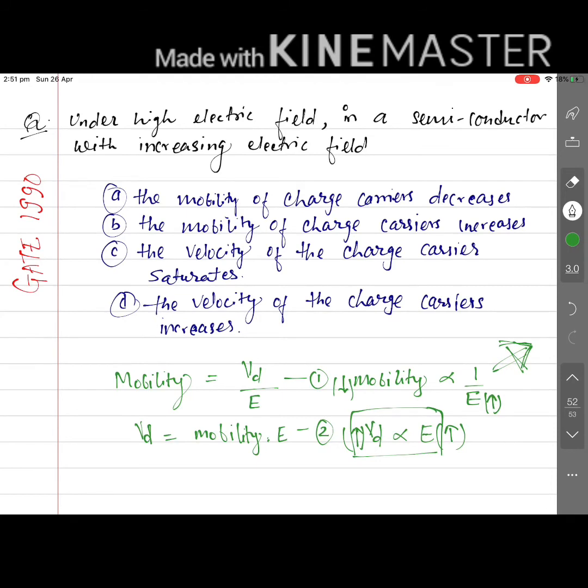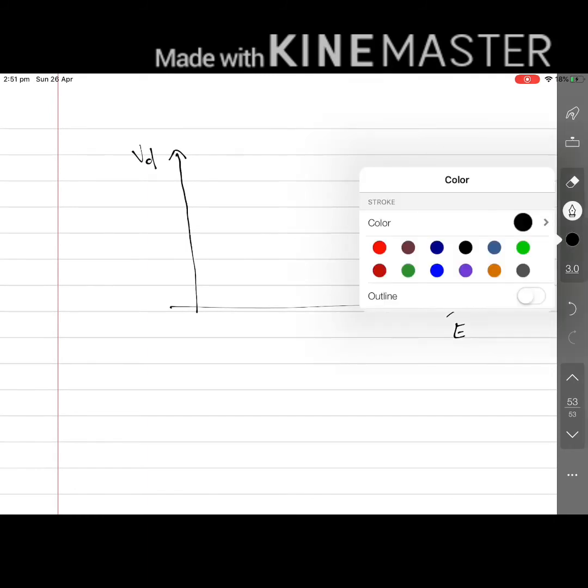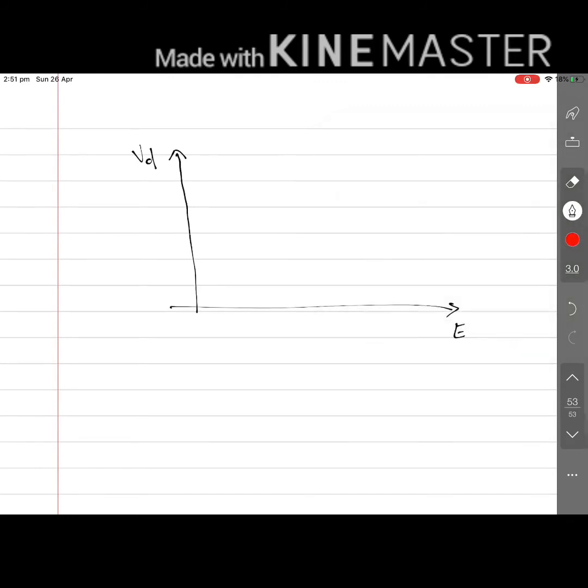Okay, so let me take another page to explain this. Let me just draw a graph of electric field E and the drift velocity Vd. So when we see the graph between drift velocity and electric field for silicon, it would come something like this.